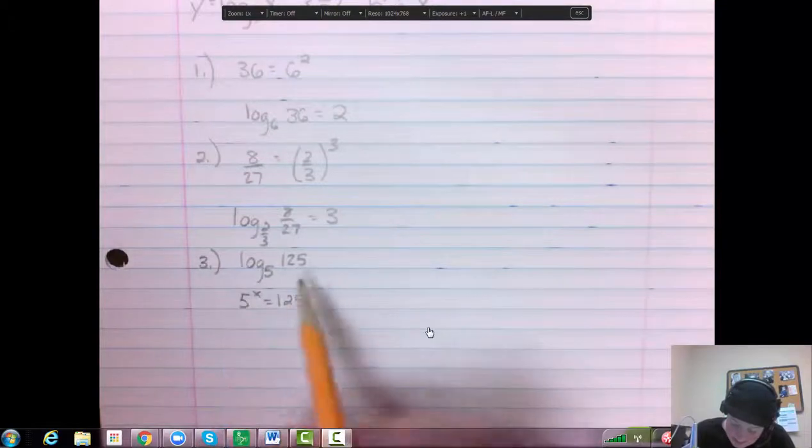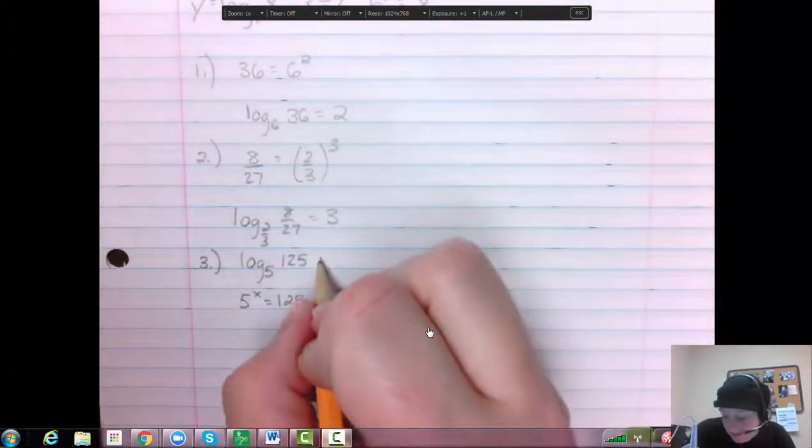We could say this equals x. We have to make that part up, or it equals y, but I always use x. So when we just have a log, we're saying the base to what power will equal that number right by it. So you can actually solve these and keep going, and it does ask you to do that in quite a few of the questions.